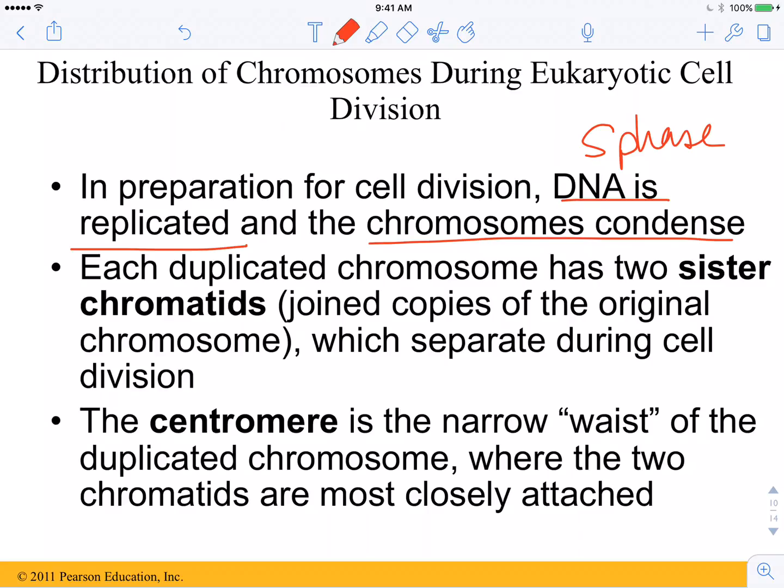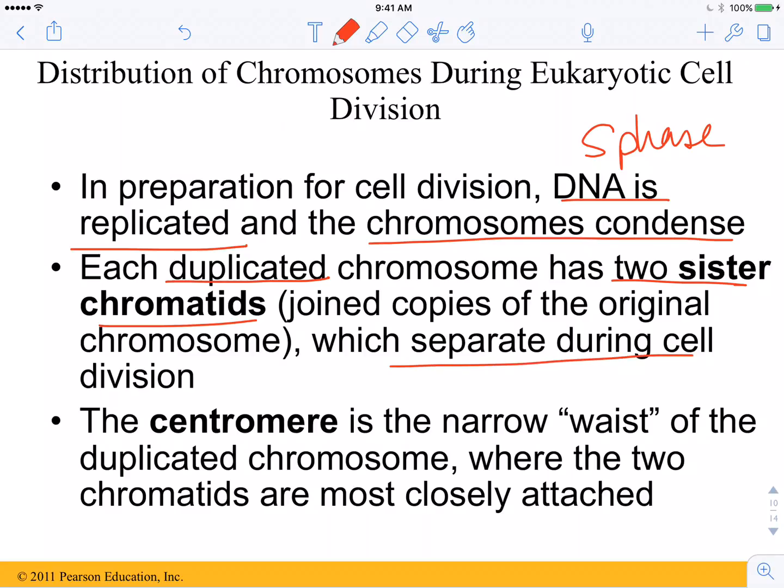A duplicated chromosome has two sister chromatids. Sister chromatids are genetically identical because you just take one chromosome and make a copy of it. That gives you two chromatids, and these chromatids will be separated during cell division.